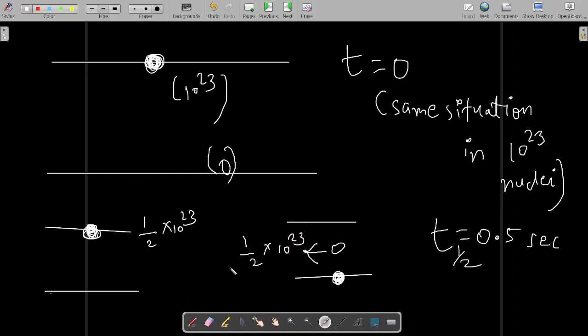This particular thing has increased from 0 to half into 10 to the power 23, and this particular thing has reduced from 10 to the power 23 to 1 by 2 into 10 to the power 23. So that is the meaning of half life.